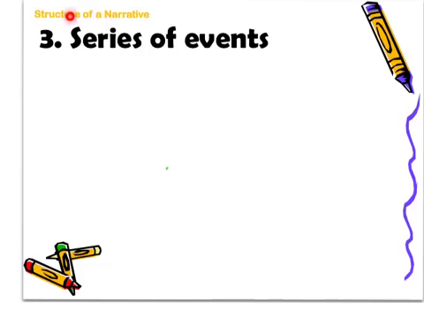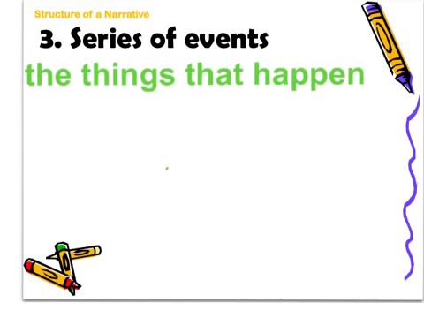Next we have our series of events. These are the things that happen because of the complication or problem. To link or connect the events of the story, we need to use connectors.